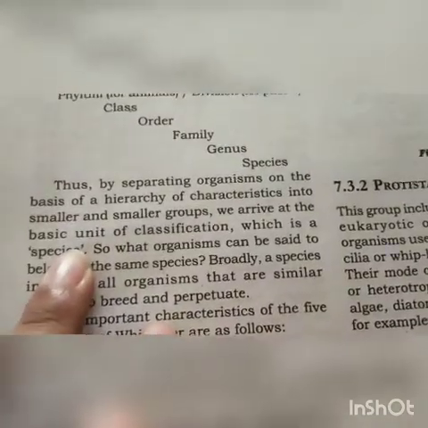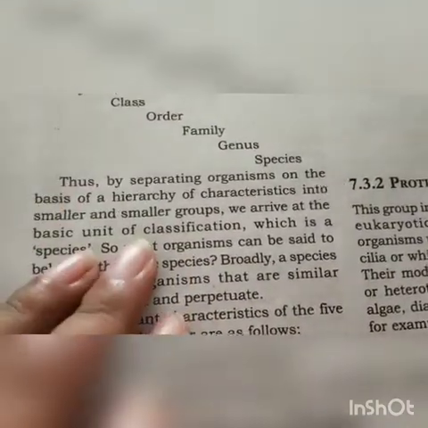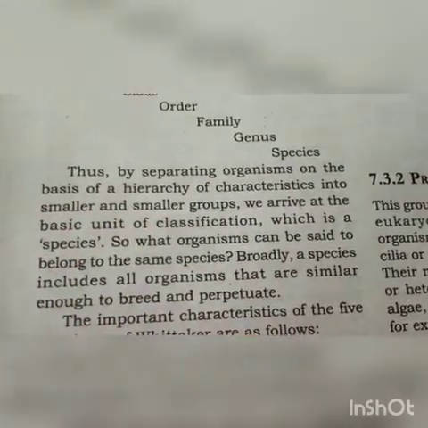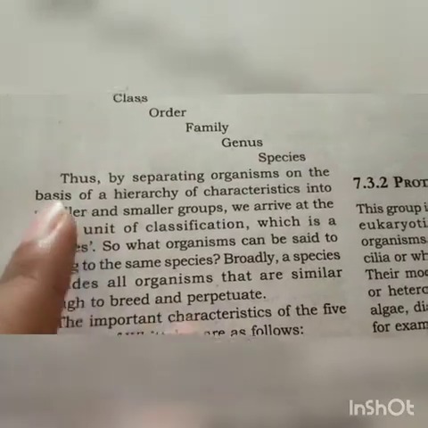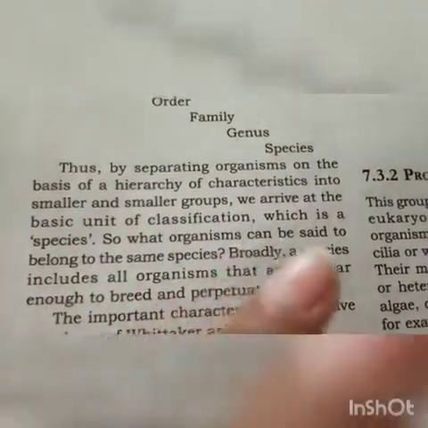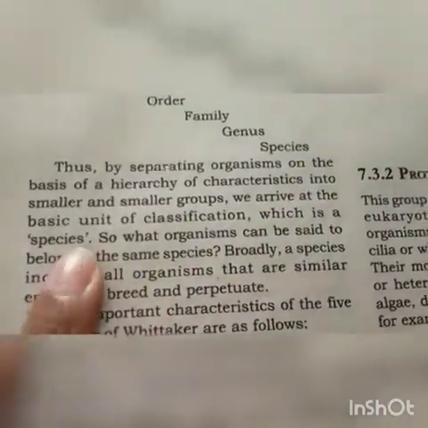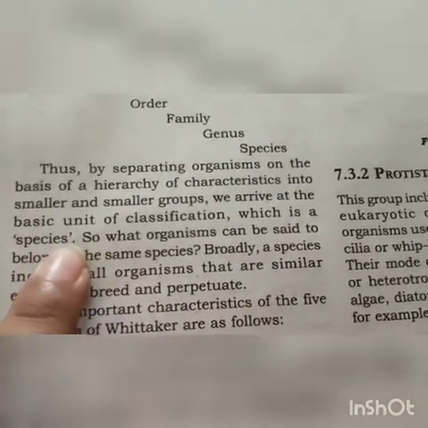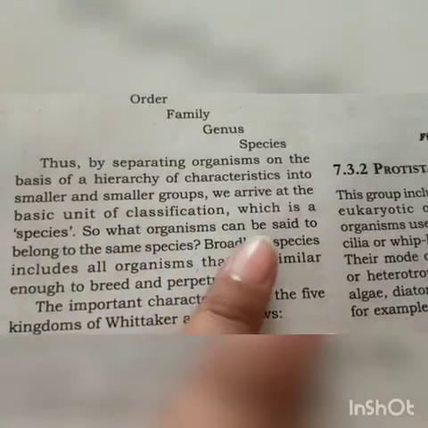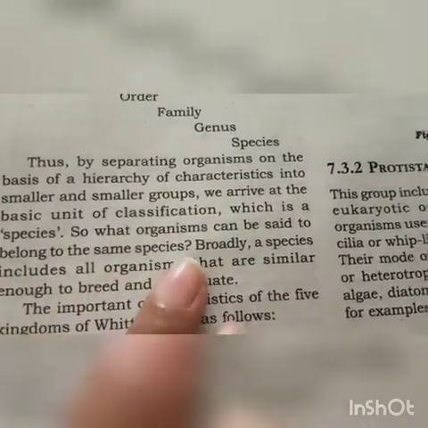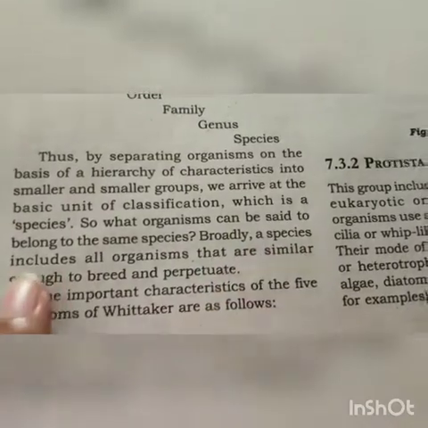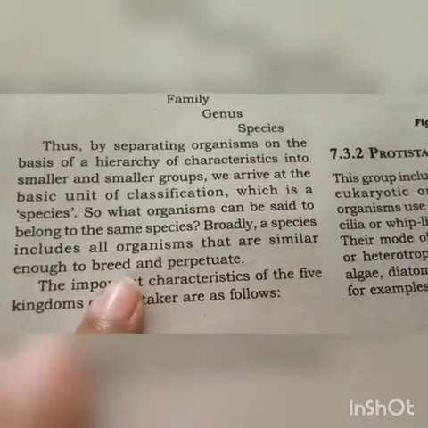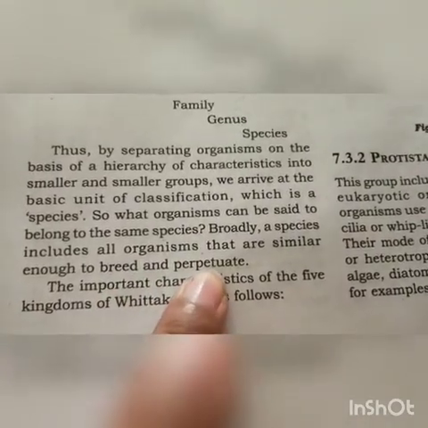So, to separate all the organisms into different categories, they made a hierarchy of characteristics, making smaller and smaller groups, and lastly they arrived at the basic unit of classification, that is the species. So what organisms can be said to belong to the same species? Broadly, a species includes all organisms that are similar enough to breed and perpetuate.